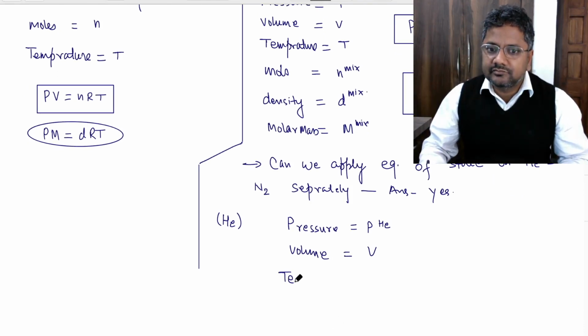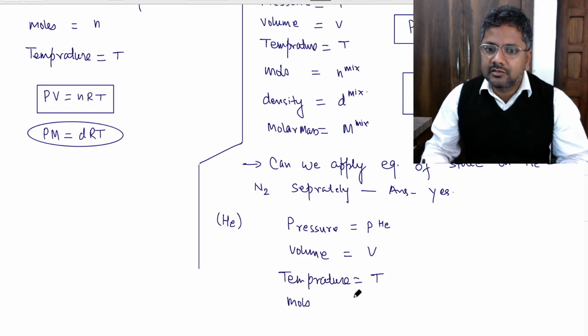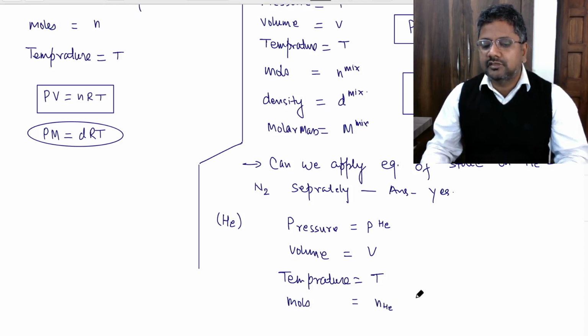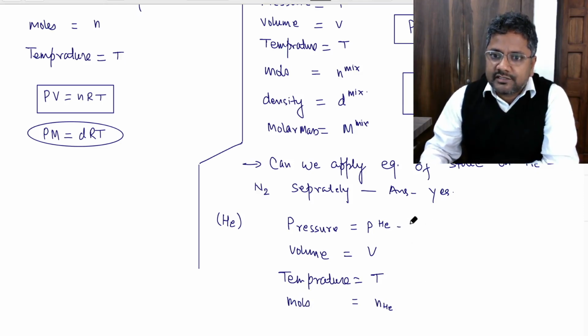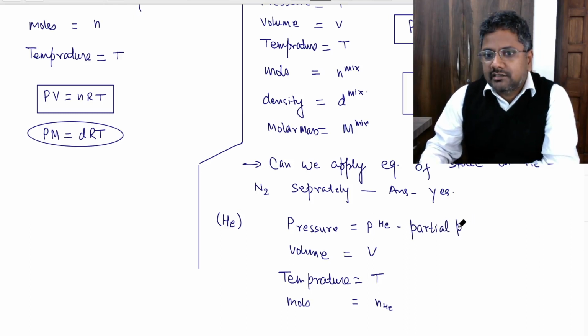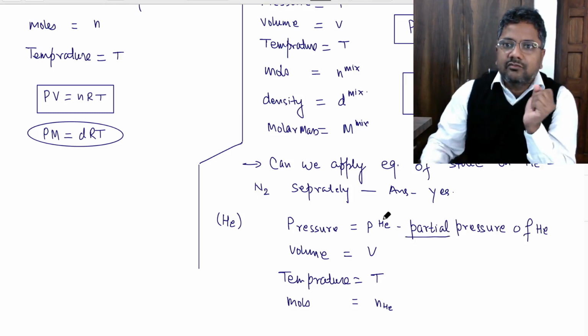Temperature is equal to T, as for the mixture. Moles is equal to moles of helium, right? So this pressure of helium is known as partial pressure, partial pressure of helium. See, when any property is observed in the mixture, then this is called what?